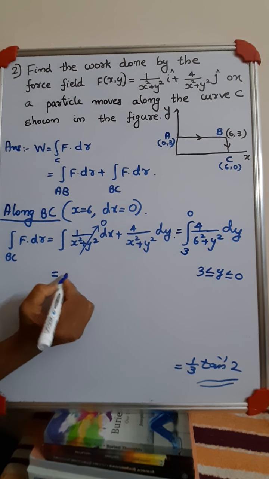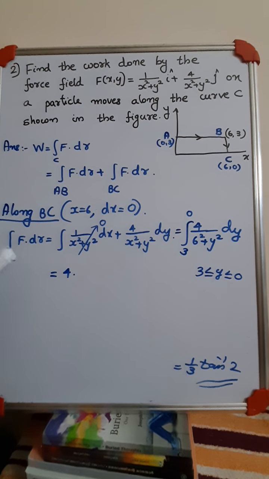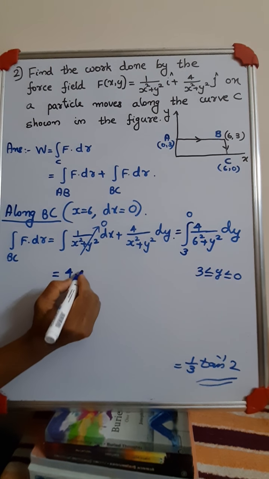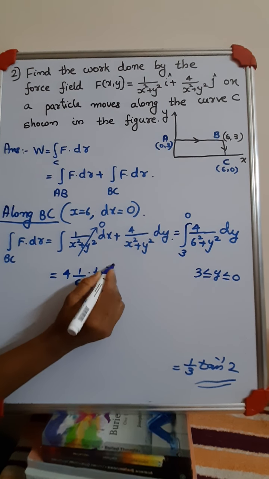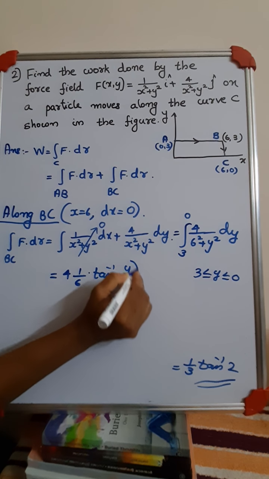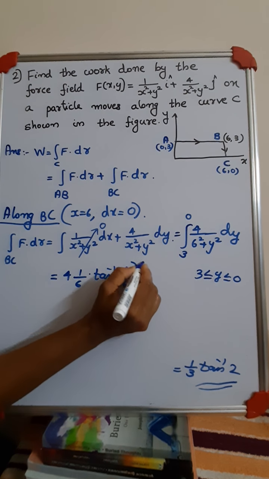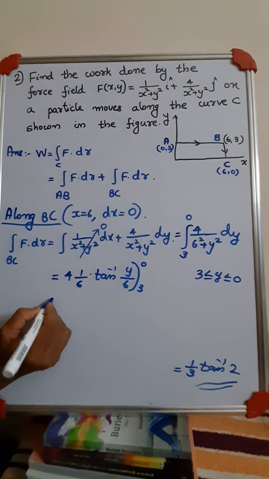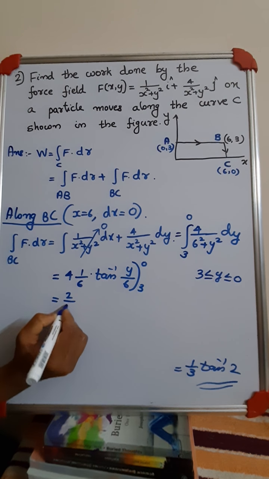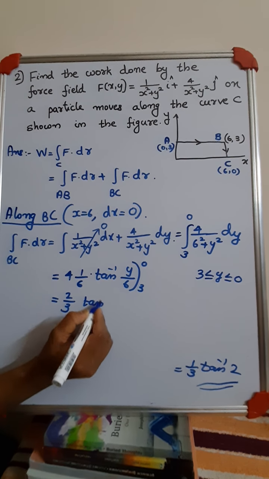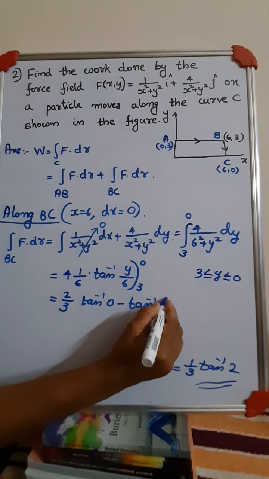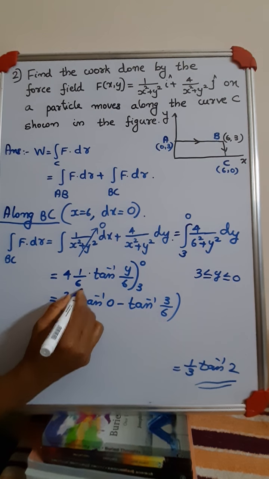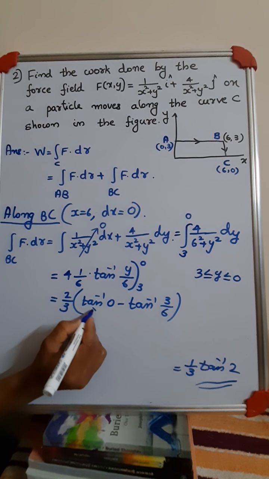That is equal to, we can take 4 outside. Using the above result for integration, 1 by a, that is 1 by 6 into tan inverse y by 6, where limit is from 3 to 0. That is 4 by 6, which is 2 by 3, times tan inverse 0 minus tan inverse 3 by 6. Tan inverse 0 is 0. This term becomes 0.